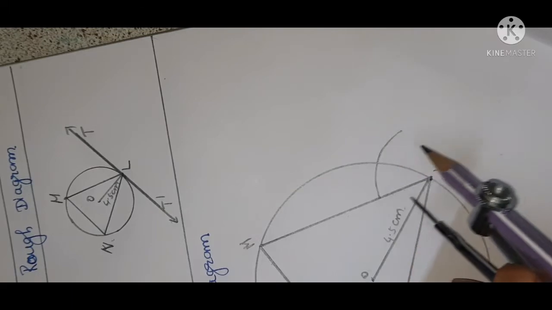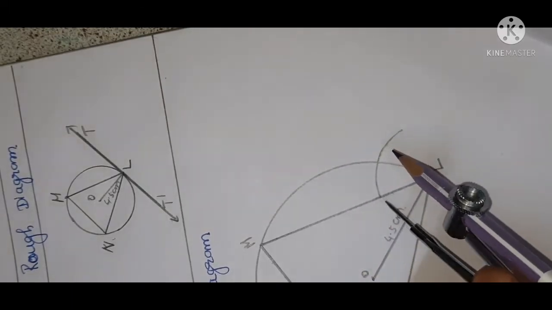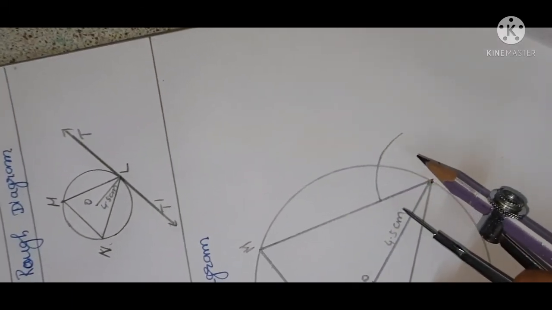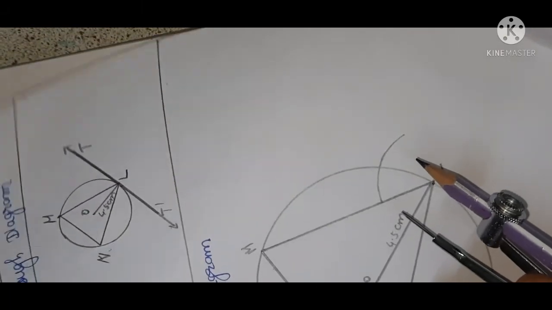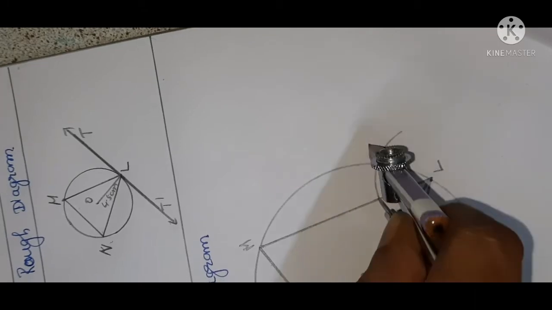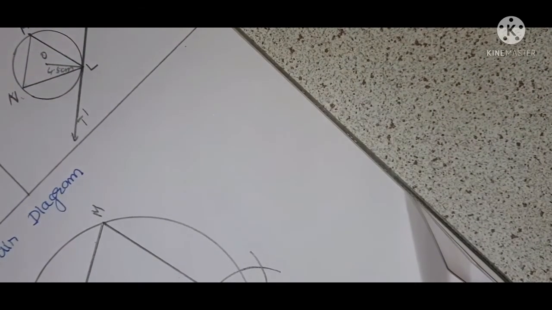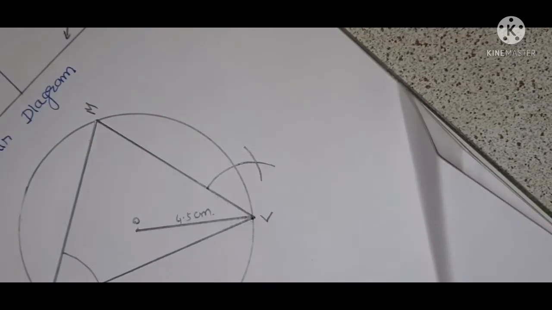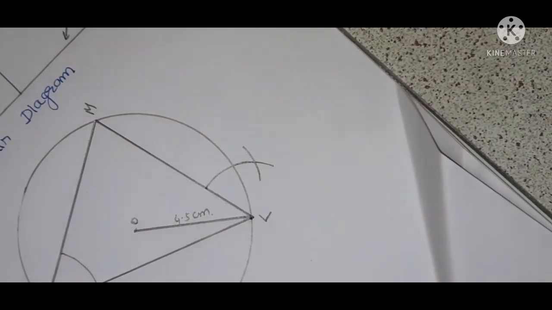It touches the LM at a point. From that point, draw an arc on the previous arc. They intersect each other, and we get a point.